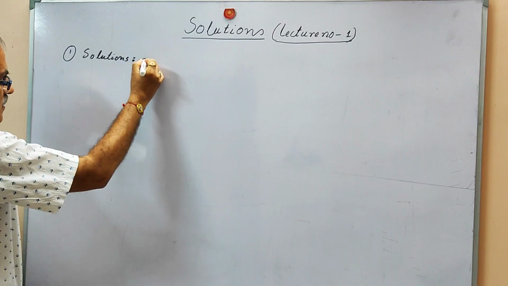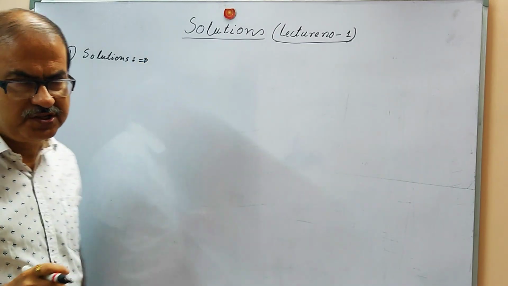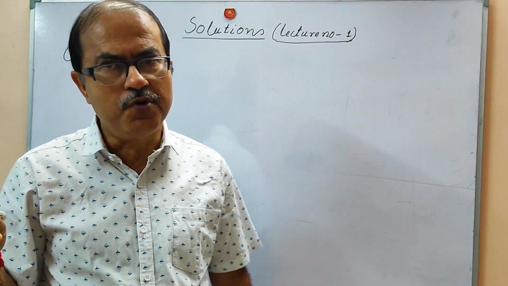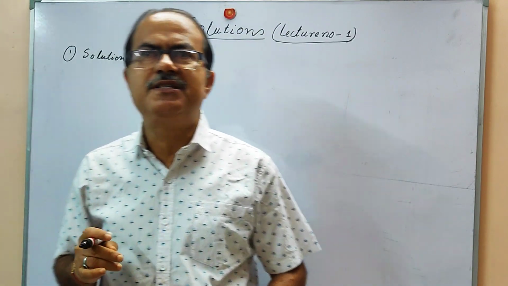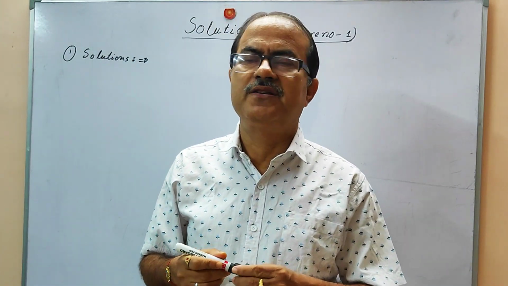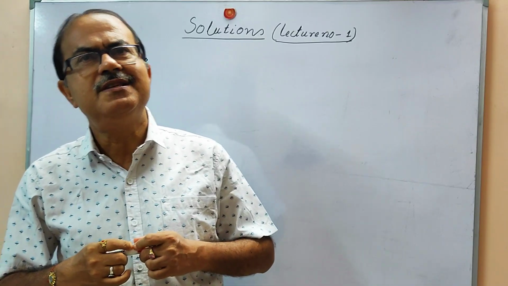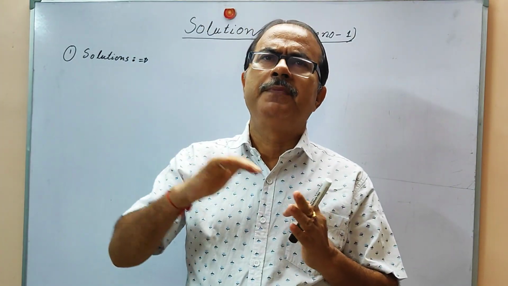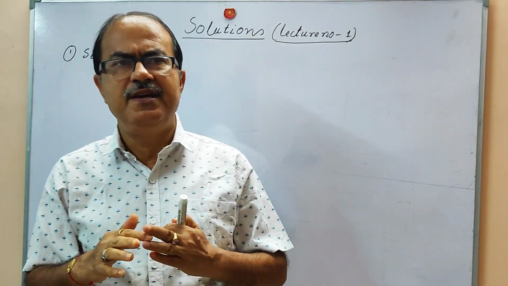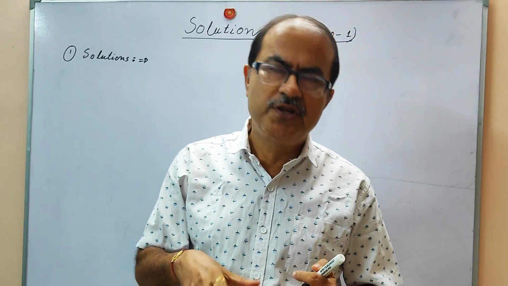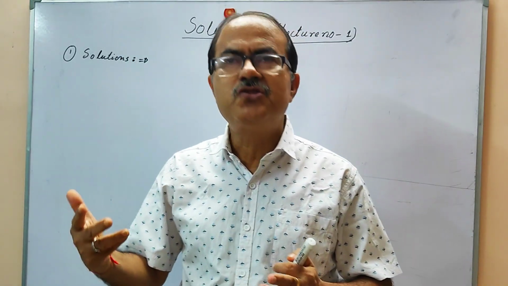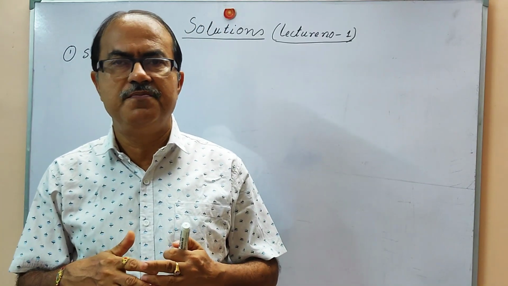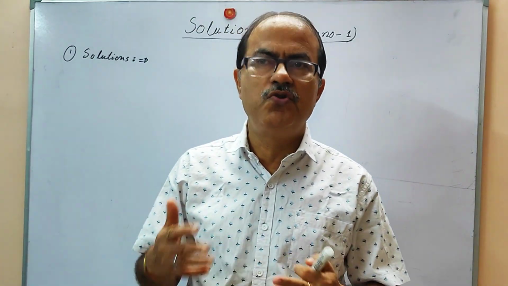A solution is basically a homogeneous mixture of two or more components. And what does homogeneous mixture mean? Homogeneous mixture means that there is uniformity in terms of the composition and the properties of the solution. That is why it is called homogeneous.